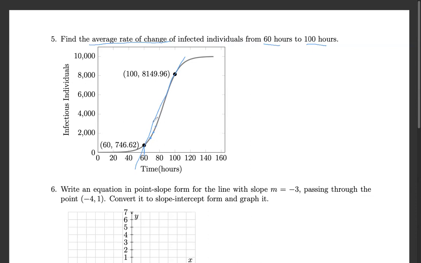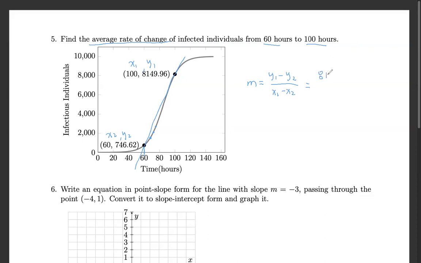So we can only talk about the average rate of change, just the slope of the line connecting those 2 points. If we call this x1, y1 and this x2, y2, then m equals y1 minus y2 divided by x1 minus x2, or the other way around.